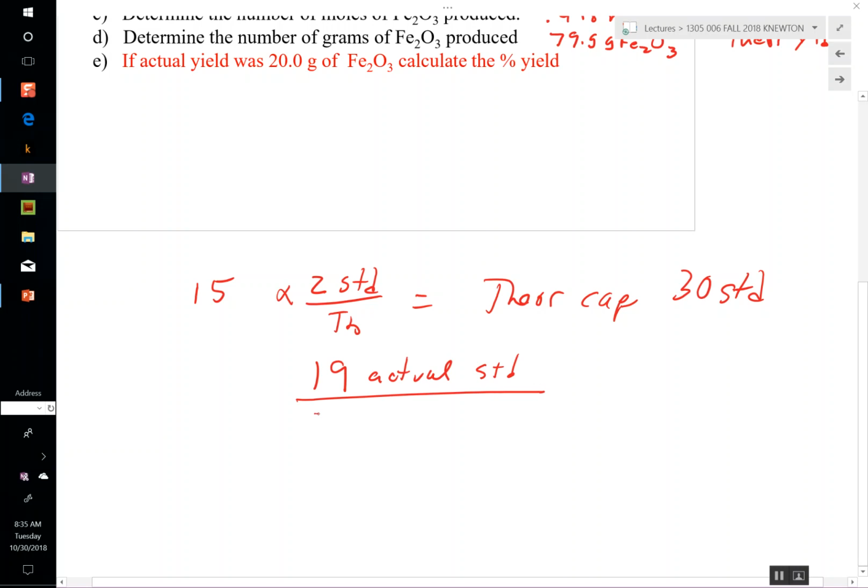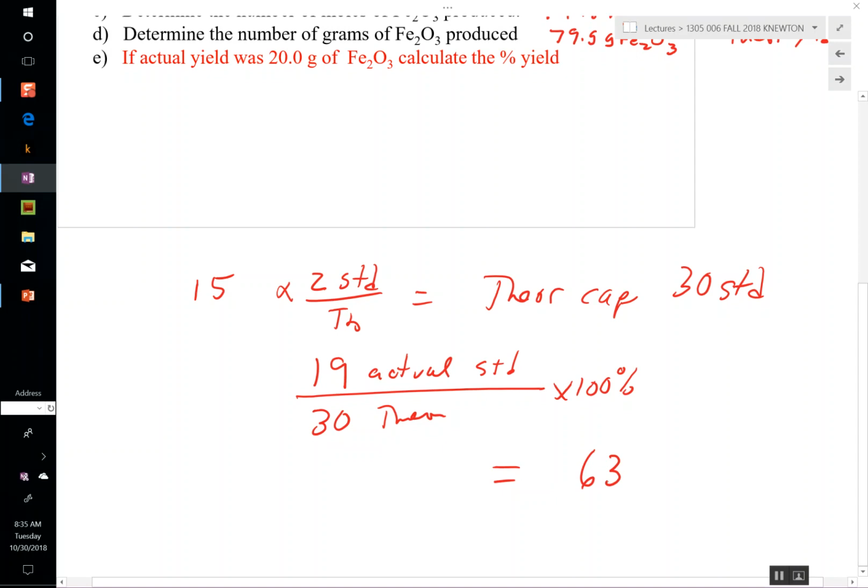And there's room for 30. Theoretical. So what is the percent capacity in this room right now? 19 divided by 30 times 100%. 63%. All right? Okay, you see what I'm talking about? We have room for 30 students, but we don't have 30 students here.